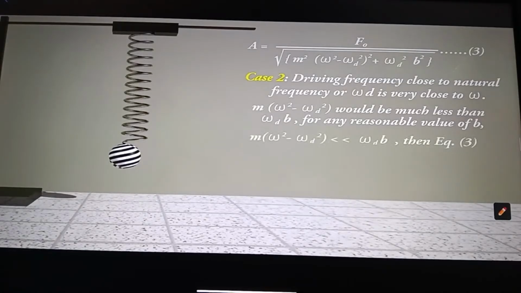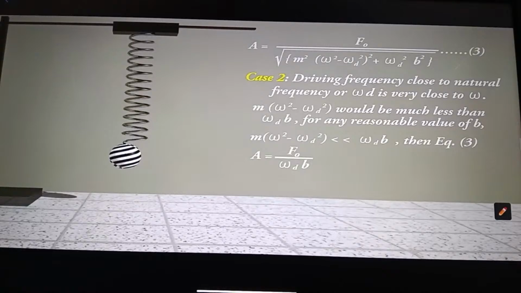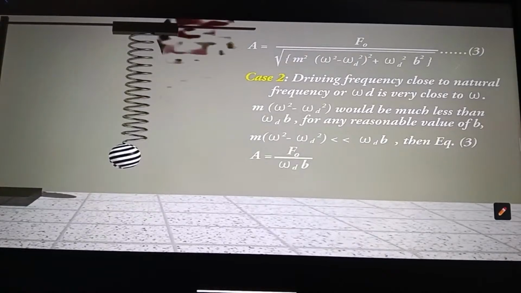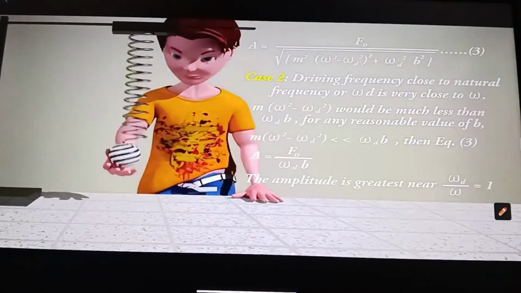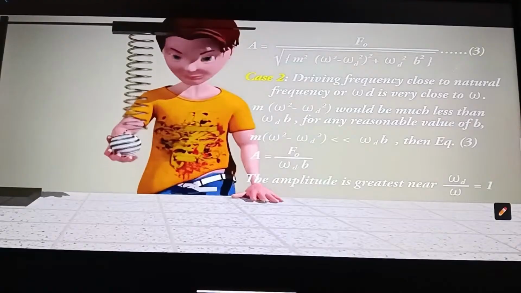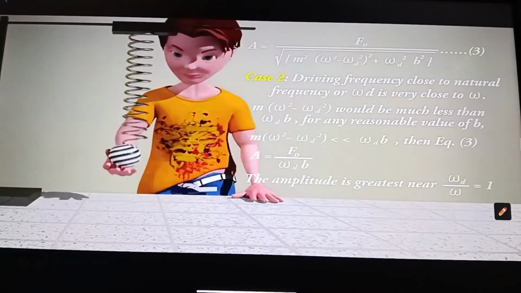Then equation 3 reduces to A is equal to F naught upon omega d b. The amplitude is greatest near omega d upon omega is equal to 1.